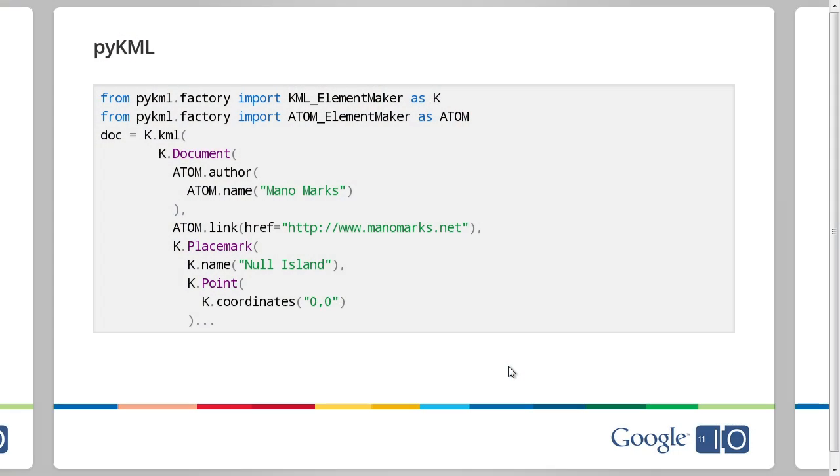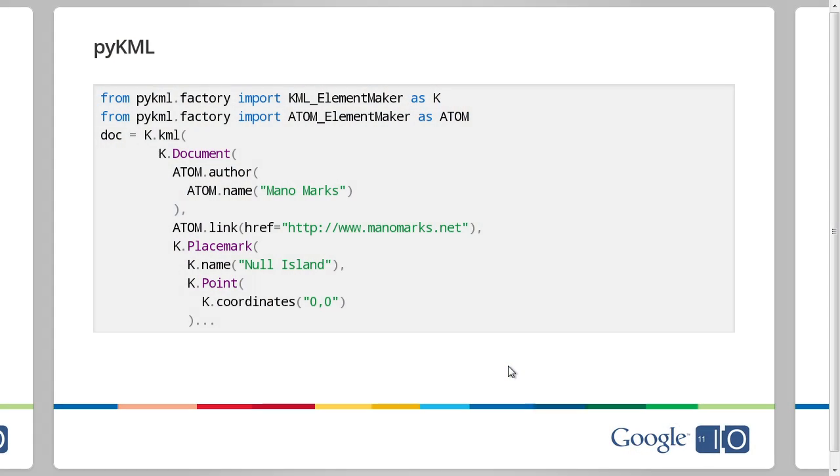So I just wanted to show you this as an example. Here, this is a pretty simple way of creating a KML document, which is one of those core container elements for KML. Adding in Atom and putting in the link so you're preserving attribution, and then creating a placemark.